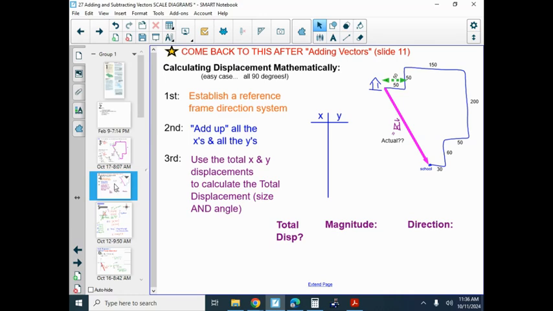Then the only other thing I want to show quickly here is the idea of how we could do this with math. So basically the trick is first to establish a reference system. So if we establish a reference system like this, thinking, okay, that's my X and that's my Y, and this is my positive X and positive Y and so on. How it works is you add up all the X's and Y's. We're going to call those components later on, but I don't have to right now because they're literally just the vectors, right? So basically we have a 50 over and we have a 50 up, and then we have a 150 over still.